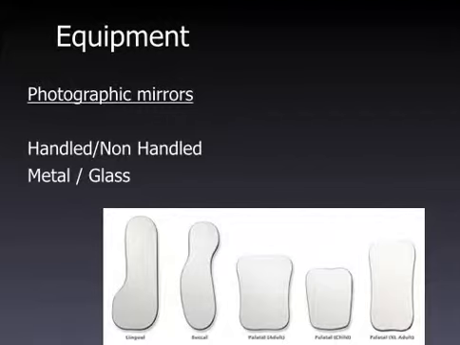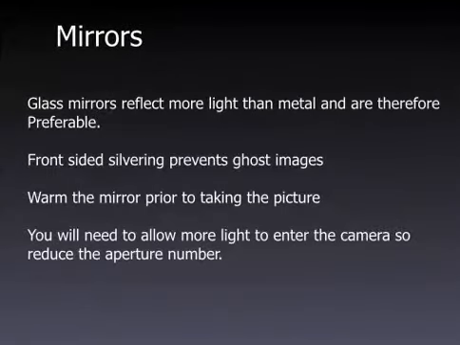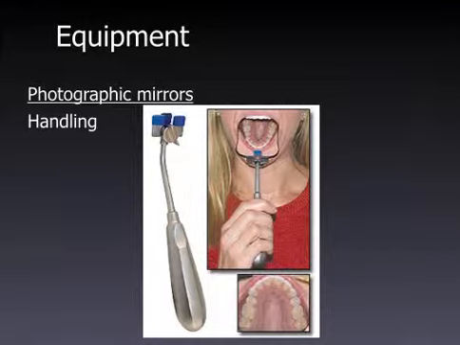To be honest, I tend to take those directly, but I do use mirrors for palatal or occlusal shots, and there are various types. I would tend to stick to the glass ones because they don't scratch as much as the metal. Mirrors with handles are great because it helps keep your fingers out the way, and it helps positioning the mirror correctly within the mouth.